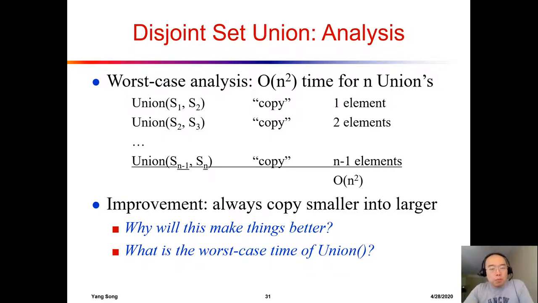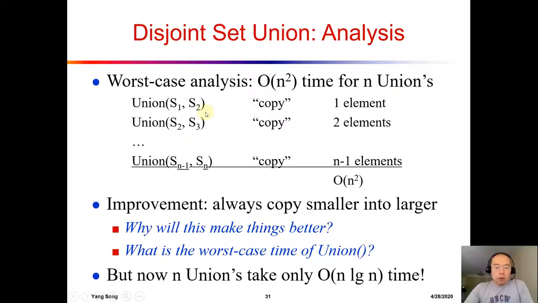This will save some time. In this case, it will take O(n log n) time, so the n square time is improved to O(n log n). And what is the n? The n is the number of vertices, right? So this will be O(V log V).